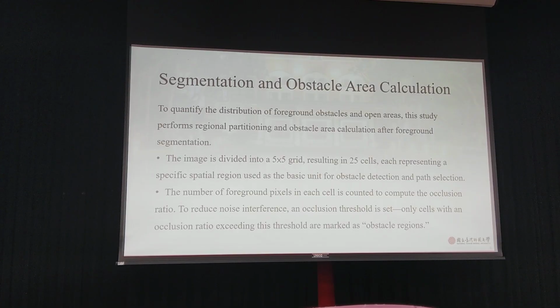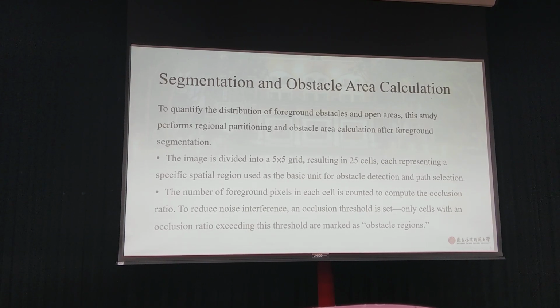To quantify obstacle and open areas, this study divided the image into a 5x5 grid, forming 25 regions. Each region is analyzed to determine the presence of obstacles and to calculate its occlusion ratio.